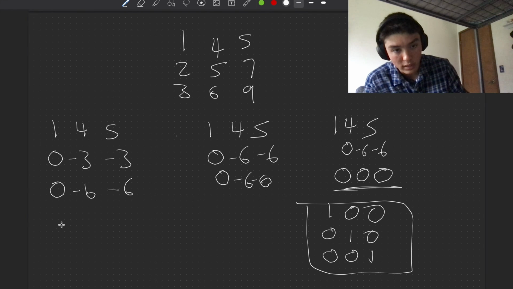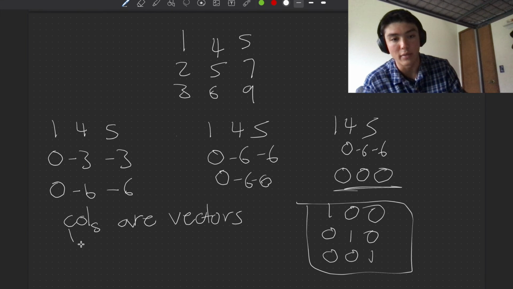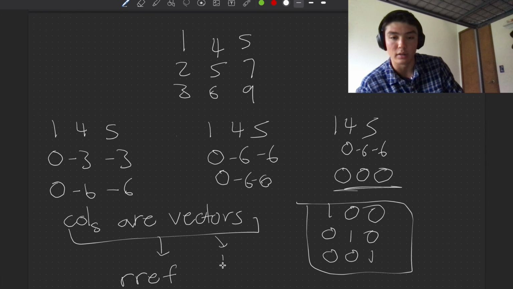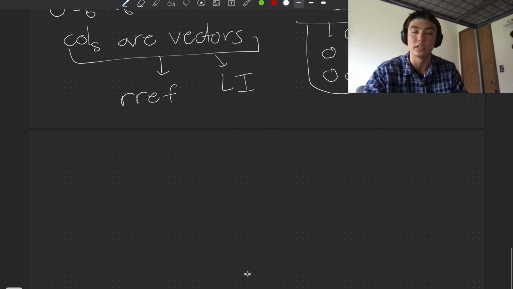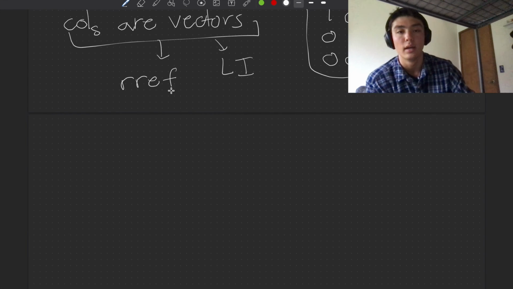So if we put the matrix where the columns are the vectors, and we have a matrix like that, if we can take it to reduced row echelon form, and the abbreviation is RREF, then the vectors right here are linearly independent, right? We can think of it as a system of equations where all of the lines kind of point in different directions and intersect.